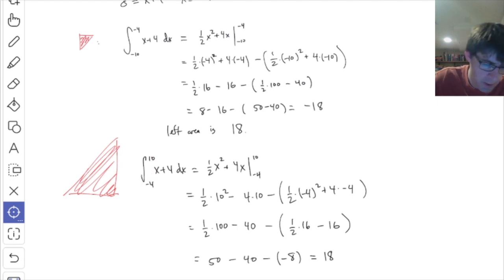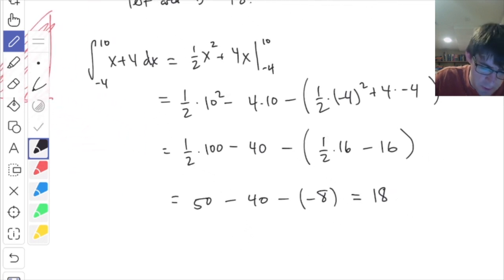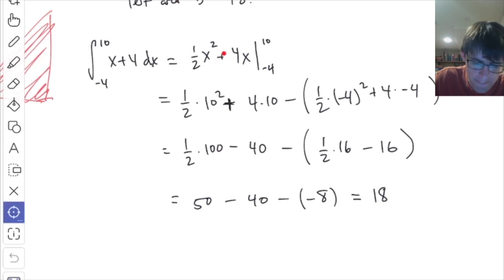Oh, it's because, okay, it's because right here, this is a plus here, right? It became a minus, but it's plus from here. Isn't it?